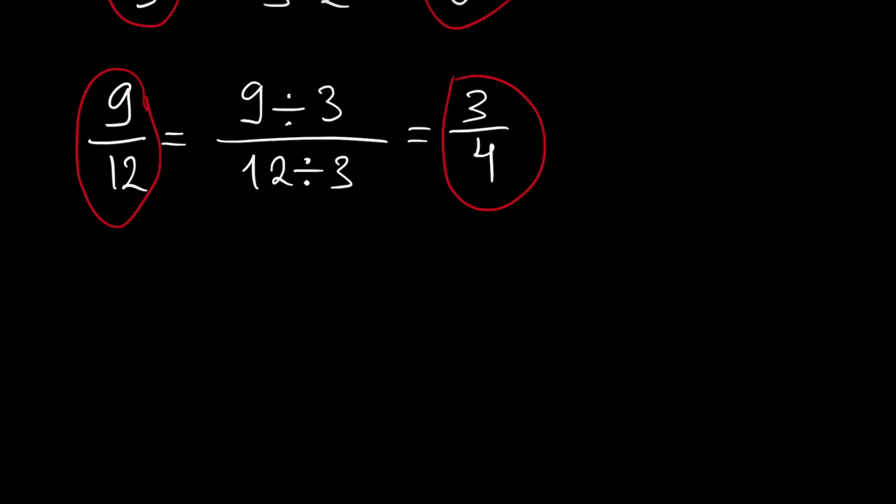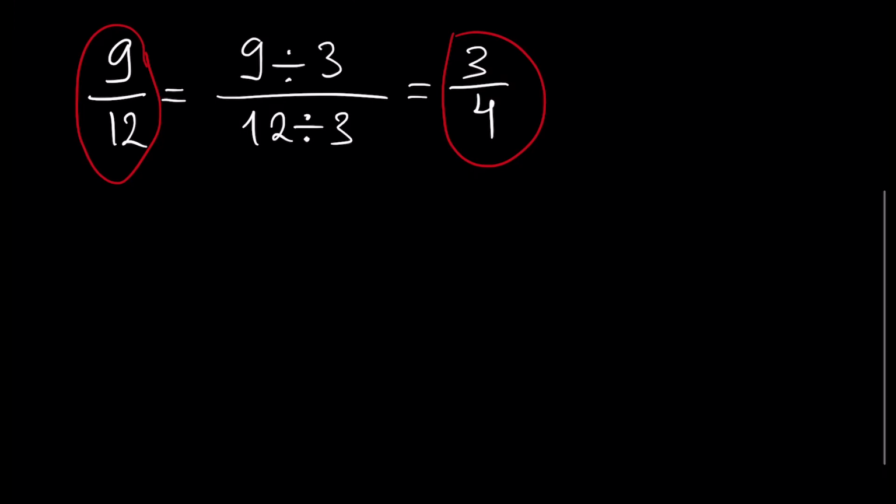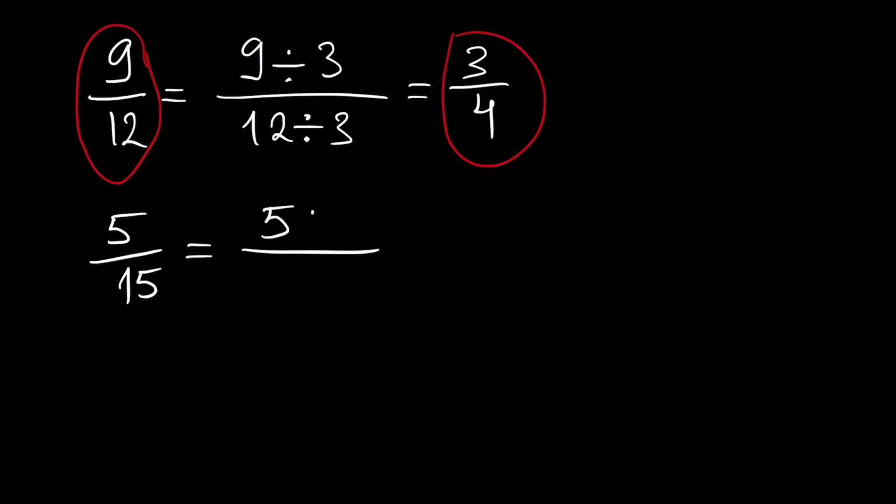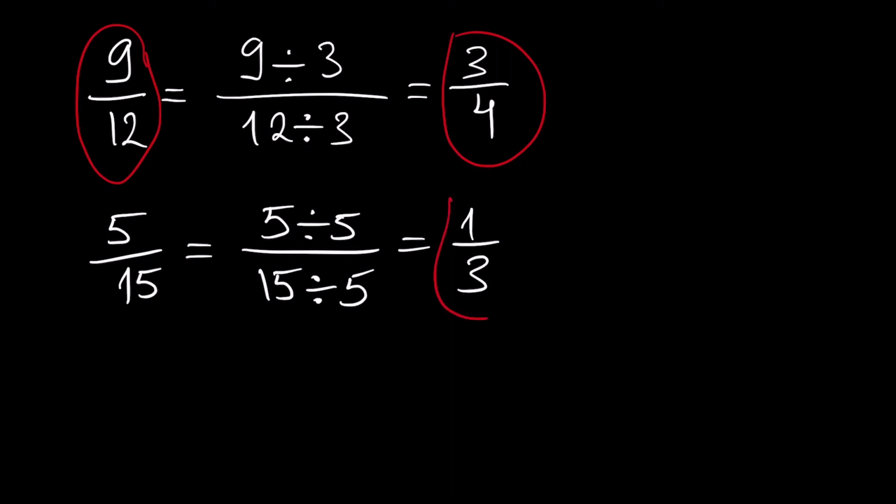Another example is 5/15. Both sides can be divided by 5, and the result will be 1/3, and 1/3 is equal to 5/15.